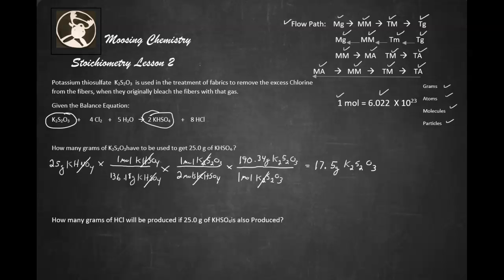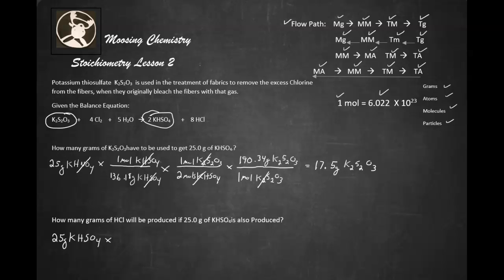Now the next question says, how many grams of HCl will be produced if 25 grams of KHSO4 is also produced? All right, so now what we do is we take 25 grams of KHSO4, and we're going to turn it into moles of KHSO4.